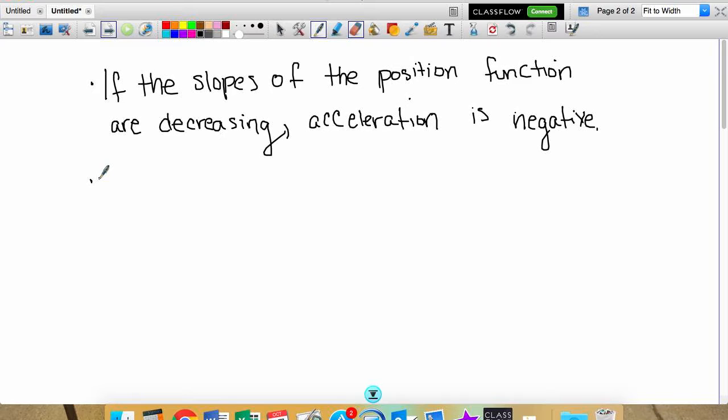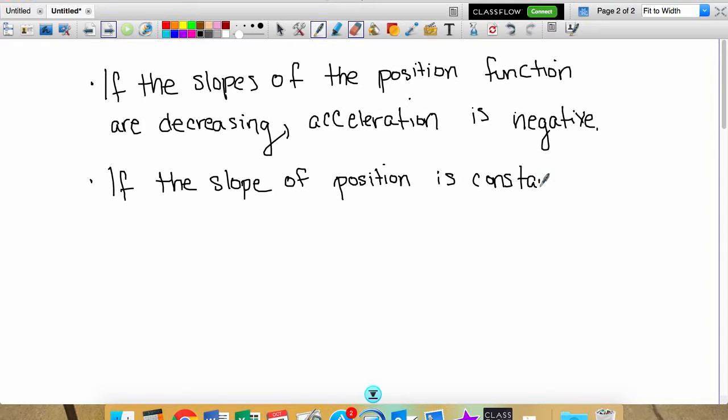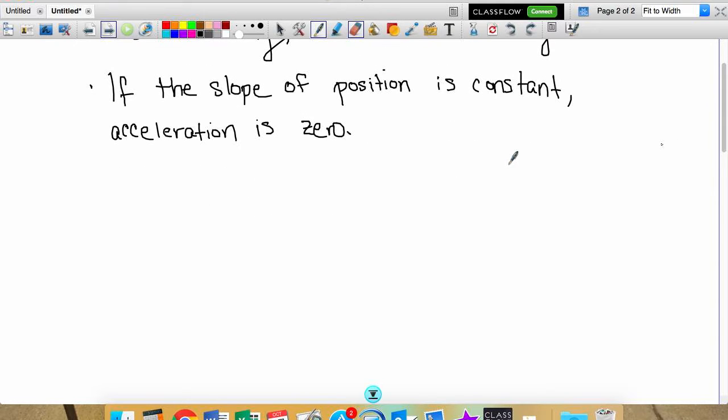Last thing to note, if the slope is constant, acceleration is 0. Now let's take a look at various position graphs and talk about what the acceleration of each of them are.